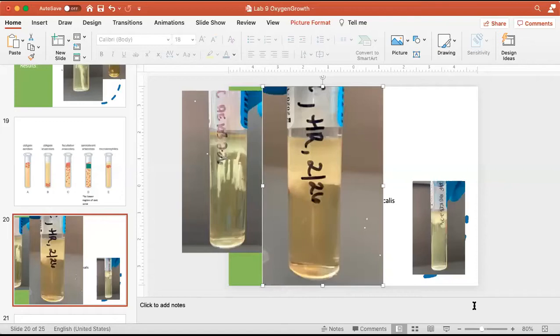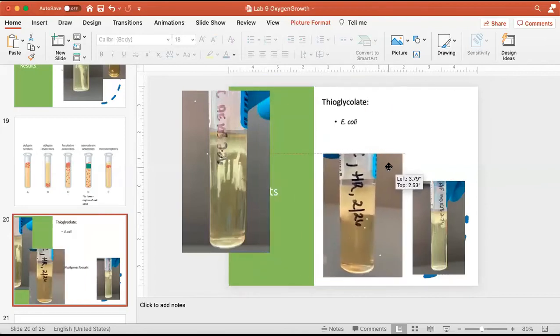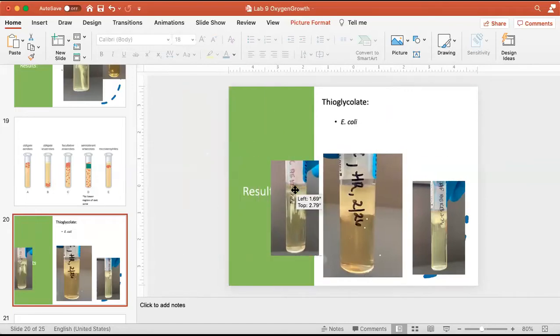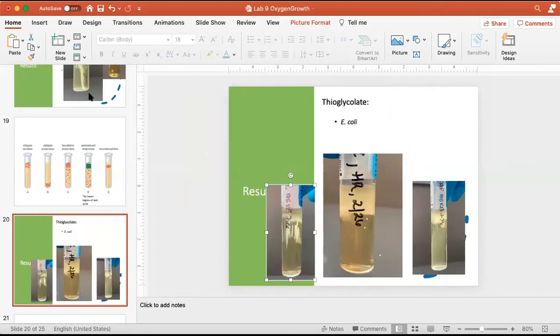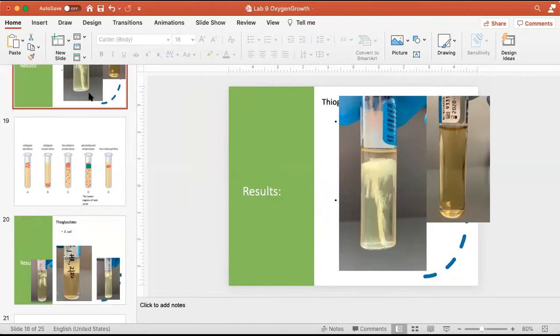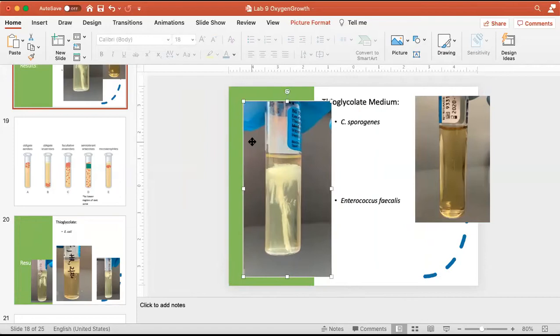So we have two other categories: microaerophile and aerotolerant are left on our list. And we have one other organism that we haven't classified, and that's this guy, the Enterococcus faecalis. Take a look at how Enterococcus is growing.